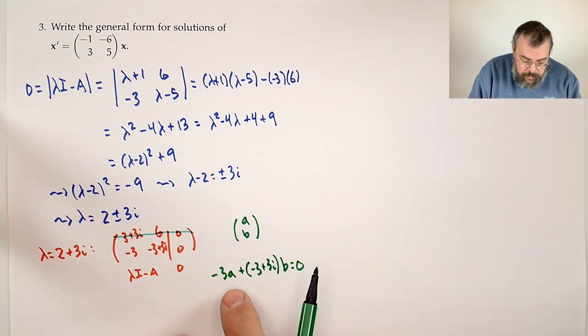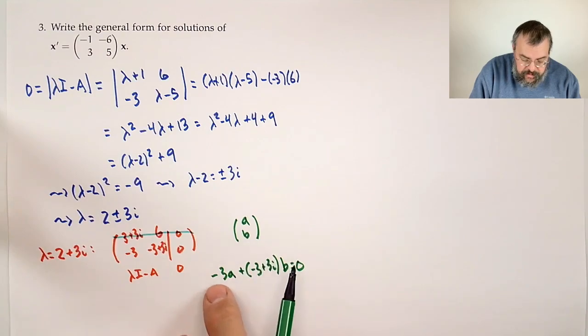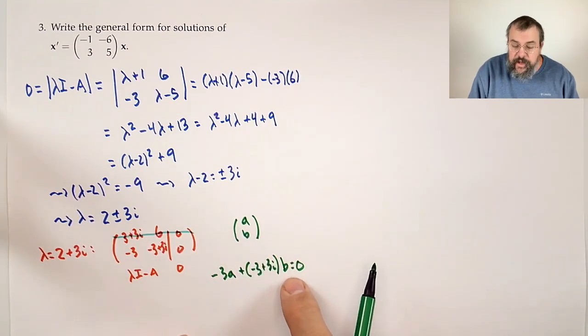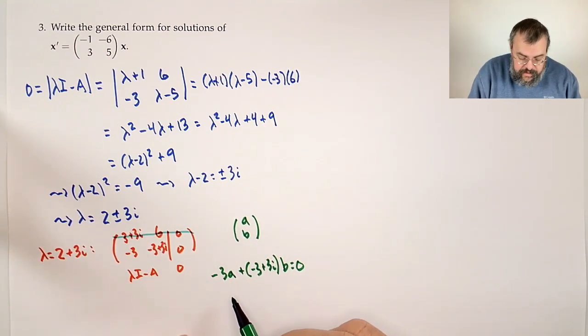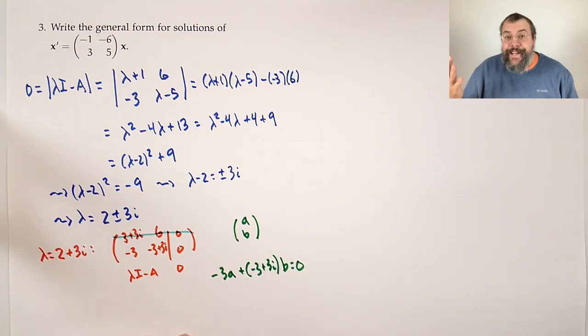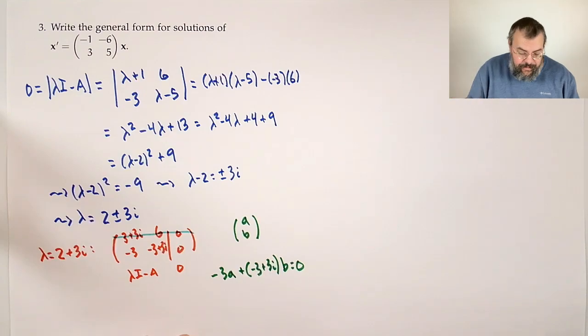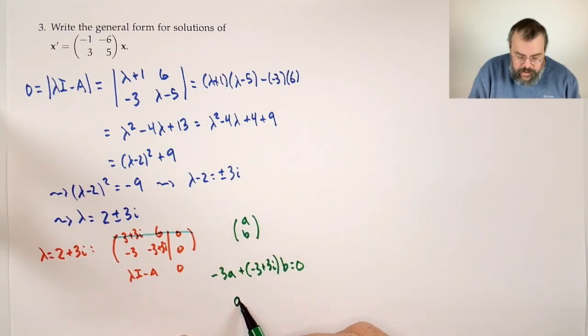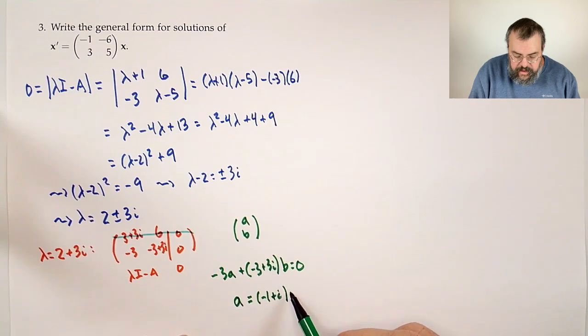Those are our coefficients: minus 3 times a, minus 3 plus 3i times b. I can move the 3a across, and I can divide by 3 because everything has a 3 in it. That's why I like that second row. If we do those two things, we come to our conclusion that a looks like negative 1 plus i times b.